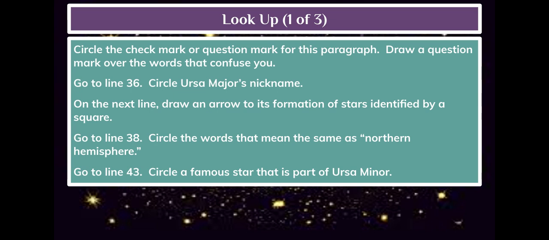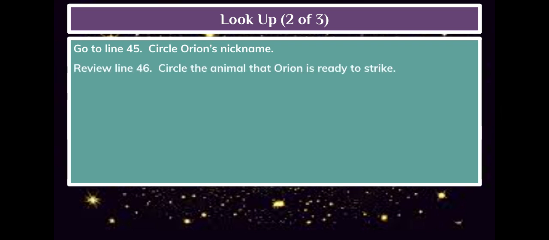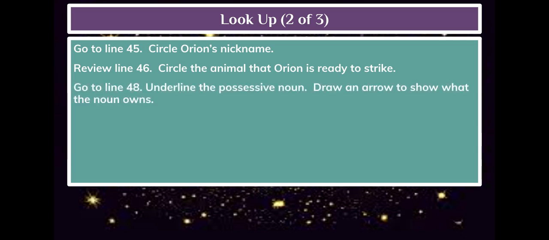Go to line 43. Circle a famous star that is part of Ursa Minor. Go to line 45. Circle Orion's nickname. Review line 46. Circle the animal that Orion is ready to strike. Go to line 48. Underline the possessive noun. Draw an arrow to show what the noun owns.